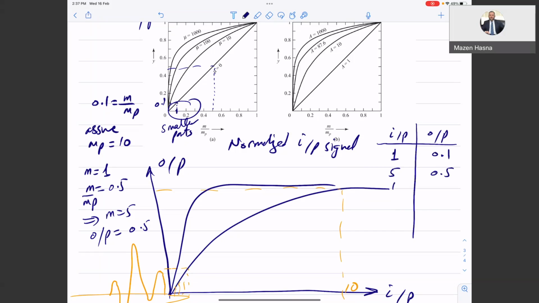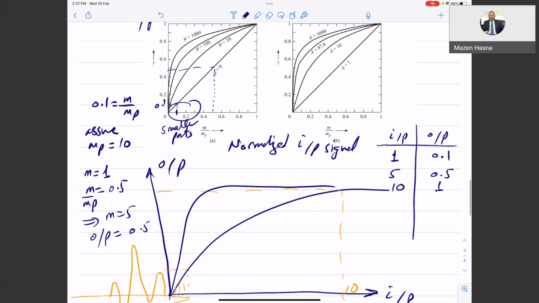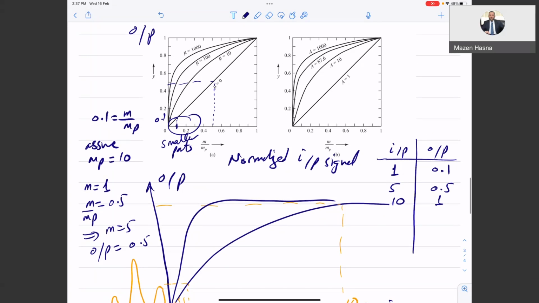When the input is 10, the output is 1. So I want to show what's the effect here. We are not scaling, right? If this is the formula, here there is no compression.